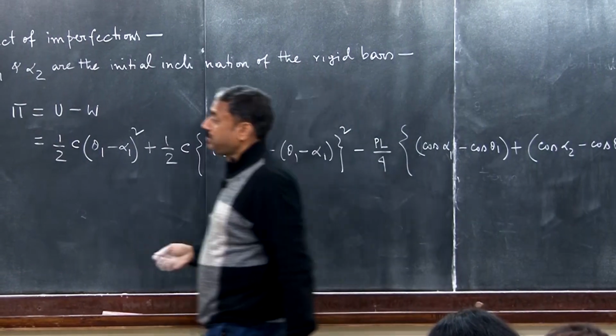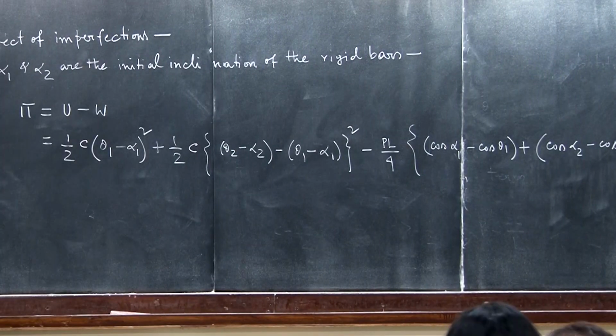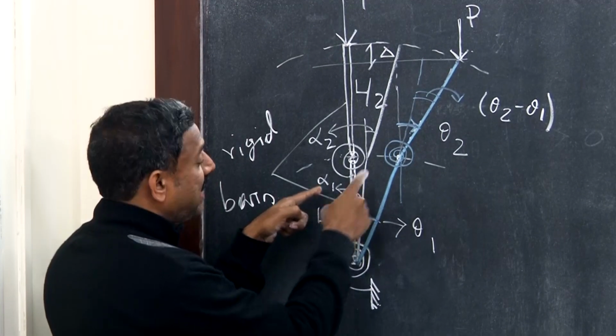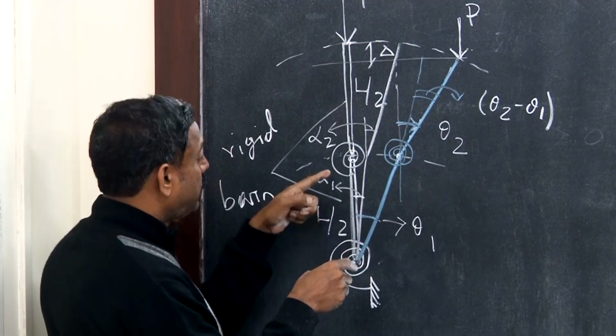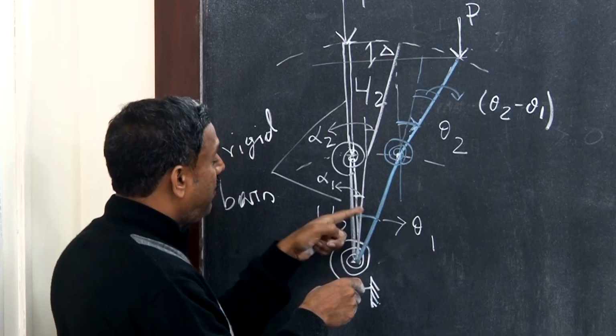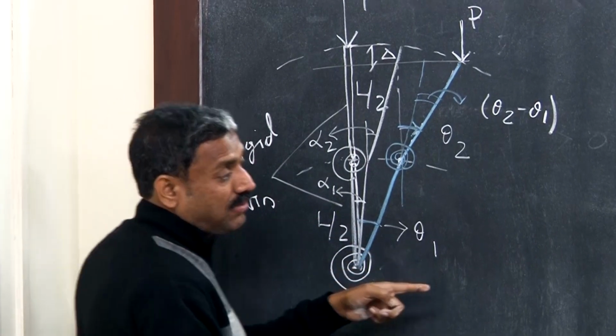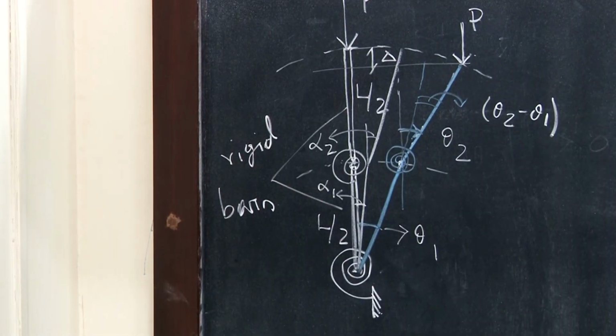Because of the initial alpha 1 inclination, it will already have L cos alpha 1, and then it is further L cos theta 1. So L cos alpha 1 minus L cos theta 1 will be the actual deformation. That's what is coming here.